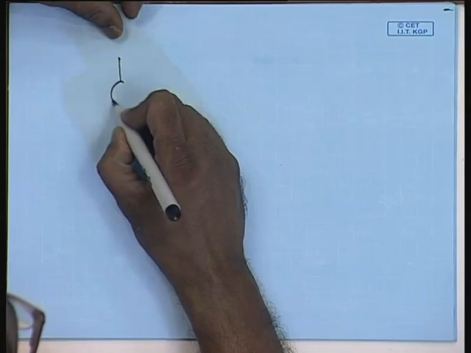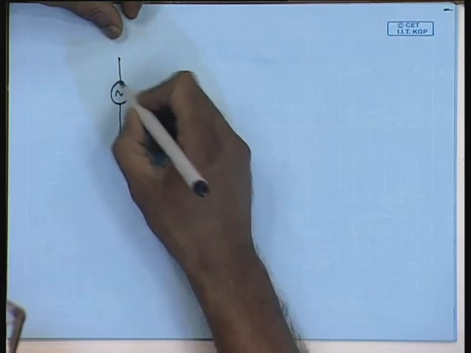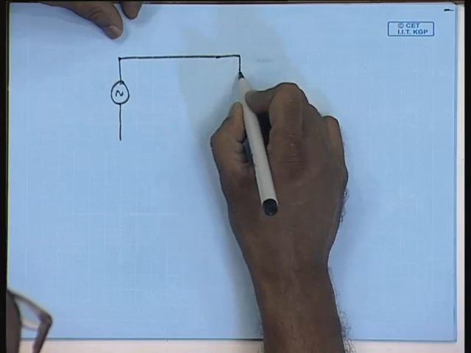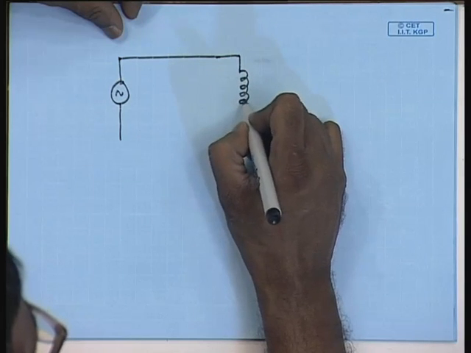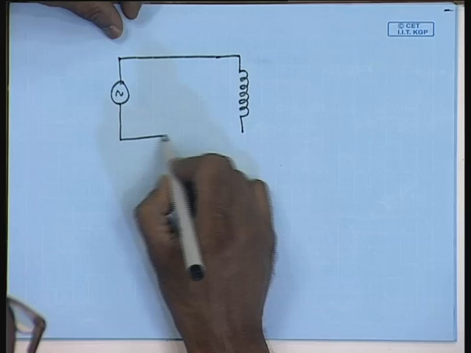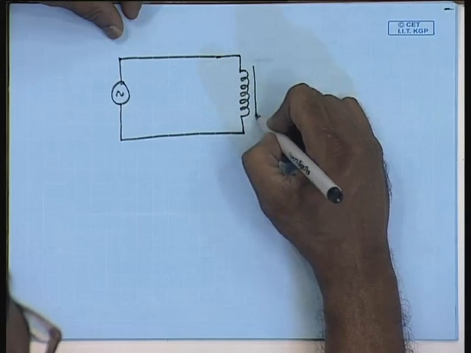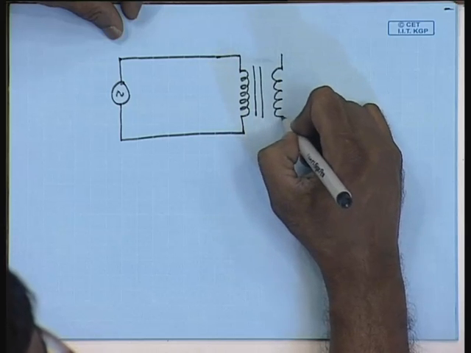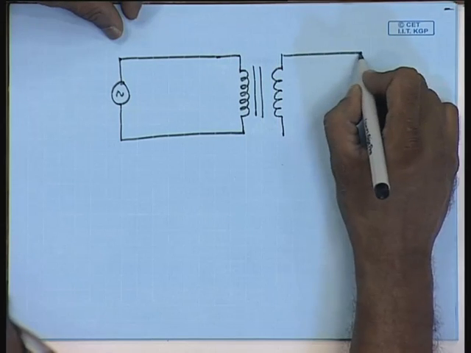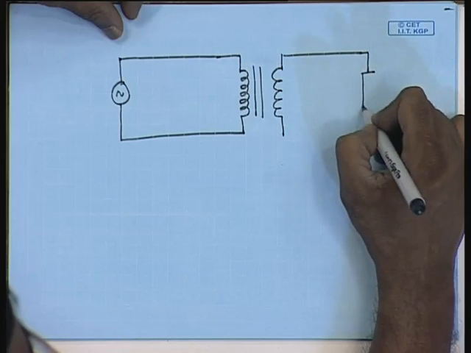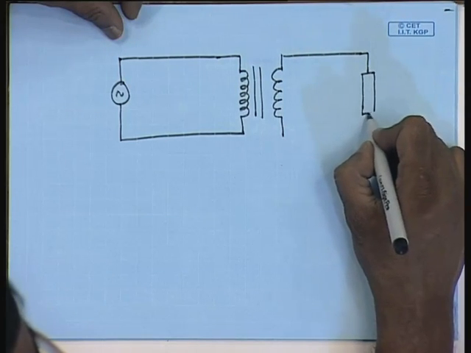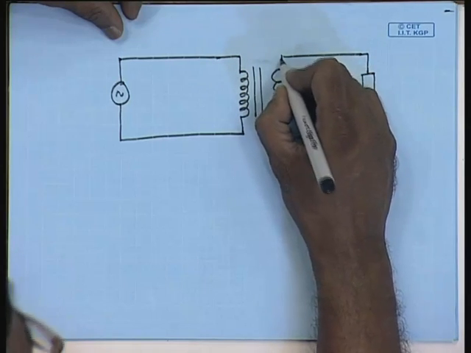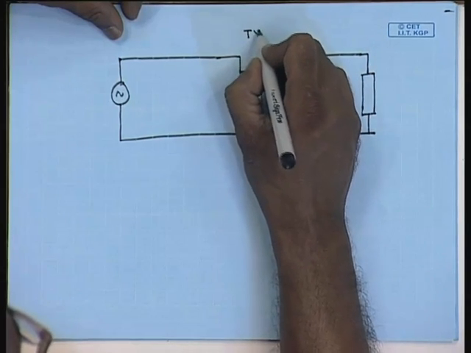Suppose we have one single phase transformer connected to the source on the primary side and supplying the load on the secondary side. This is, let us say, transformer 1.